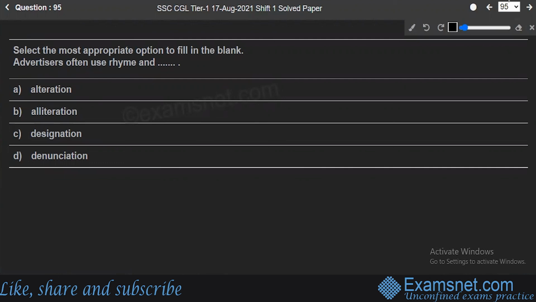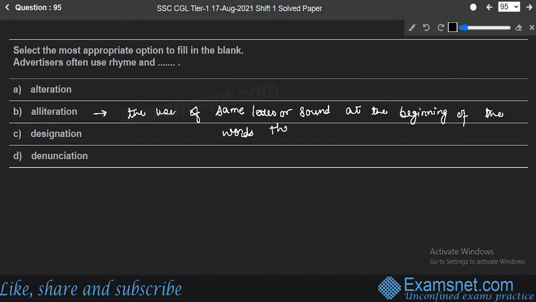Alliteration means the use of the same letter or sound at the beginning of words that are close together. All right. So this seems to be the correct option.